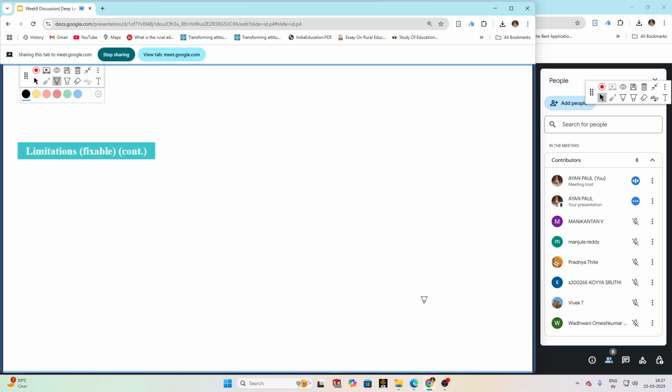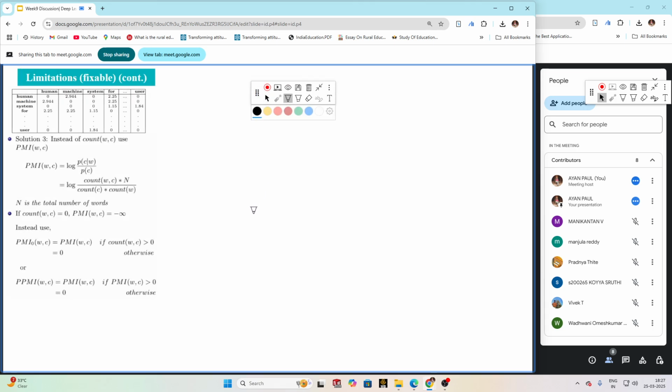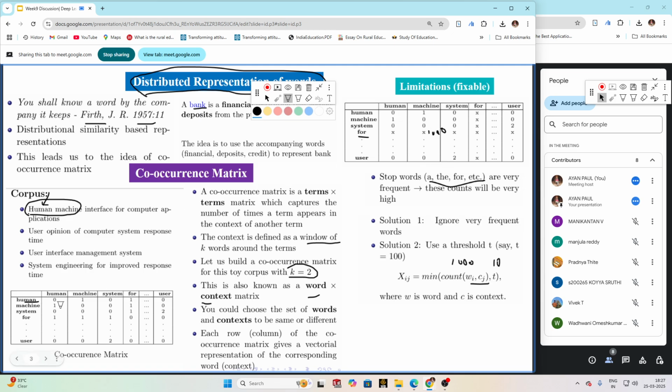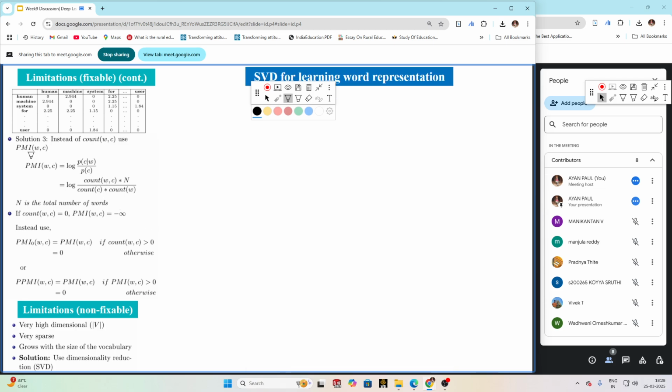Okay, there are other solutions. The other solution is something called PMI, pointwise mutual information. So what is this PMI? PMI says that instead of just writing xij, that means instead of just writing how many times a context word is appearing after the word, you will calculate something called PMI, or pointwise mutual information.